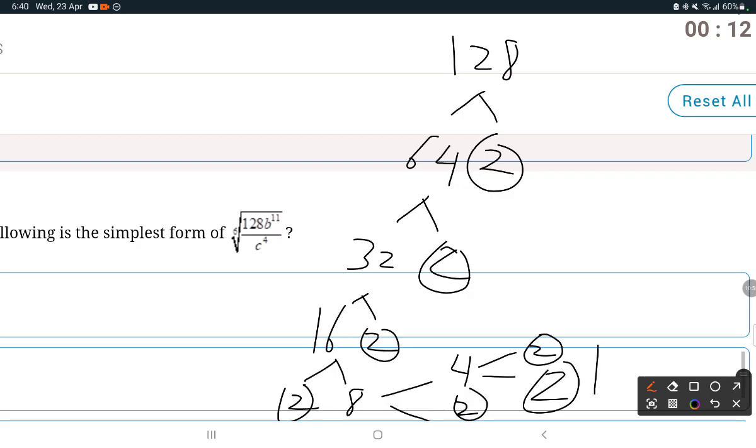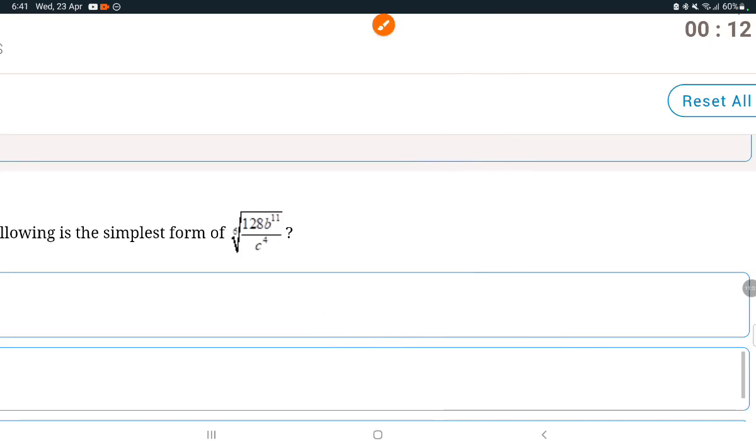So we have 2 squared, 2 to the power of 4, 2 to the power of 6, 2 to the power of 7. Okay, so I have 2 to the power of 7.